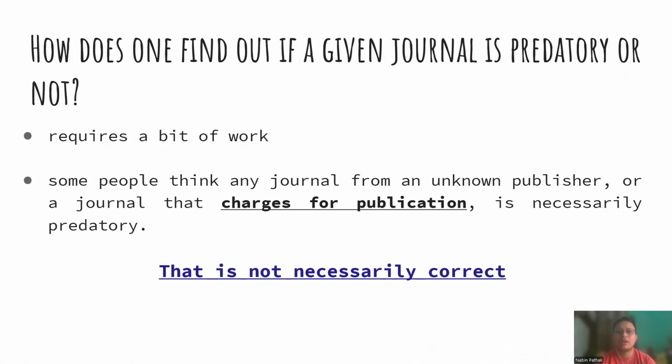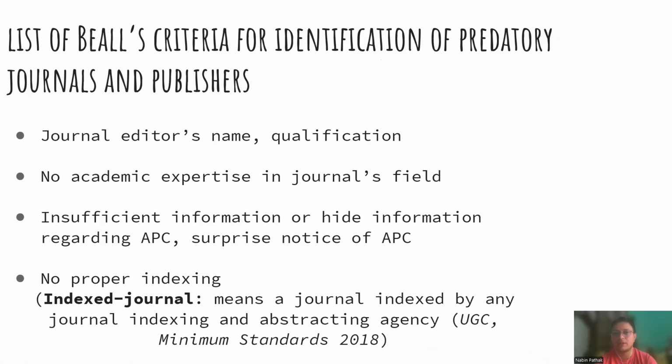So how does one find out whether a given journal is predatory or not? It requires a bit of work, definitely. Some people think any journal from an unknown publisher, or a journal that charges for publication, is necessarily predatory. That is not necessarily correct. However, there are certain doubtful signs that might help you identify a predatory journal.